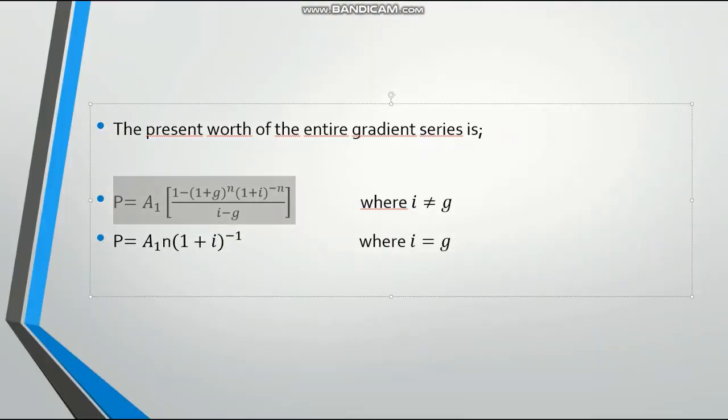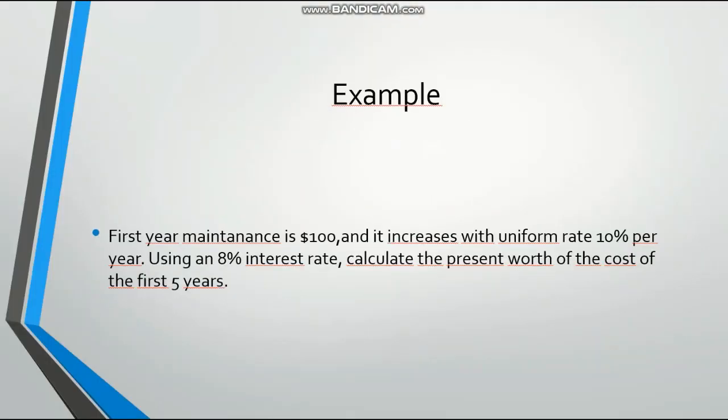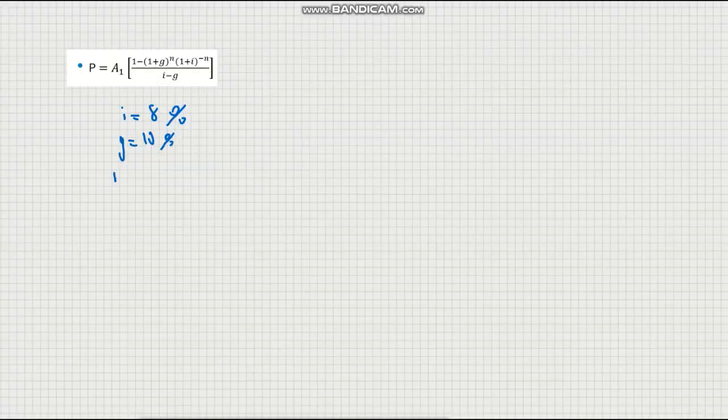The interest rate i is 8% and the gradient increase g is 10%. A is $100 and N is 5 years.